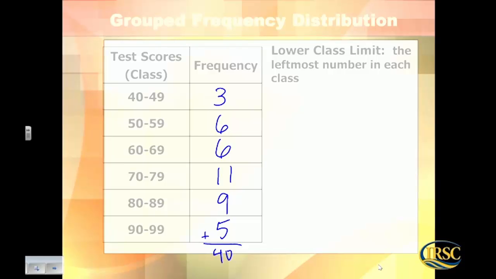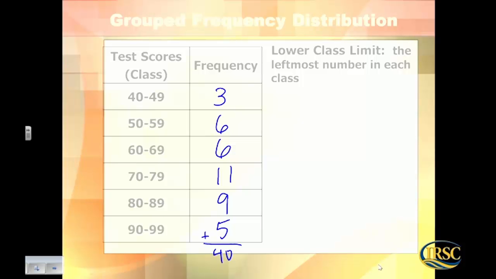How many total classes do we have in this table? 6. There are 6 classes. So what would the lower class limit be in the third class? 60 is correct. So third class would be 40s, 50s, 60s. Okay, the lower class limit is the lowest number in that class, so 60.